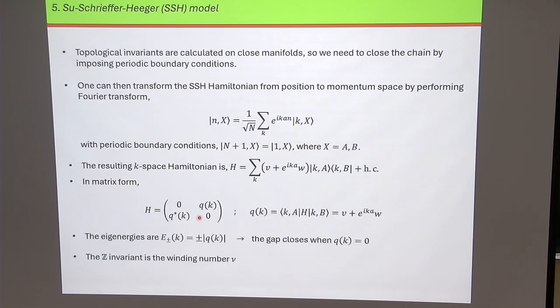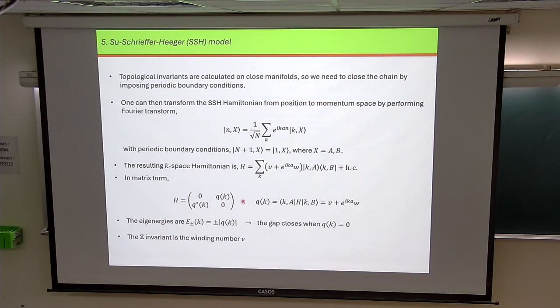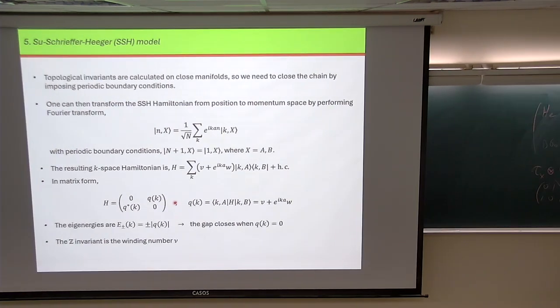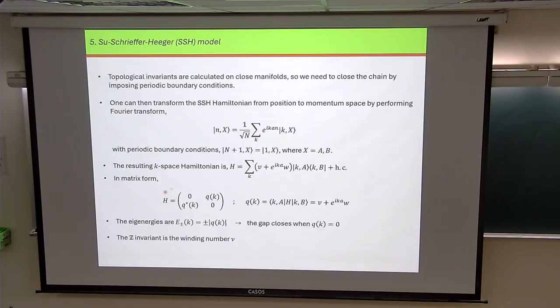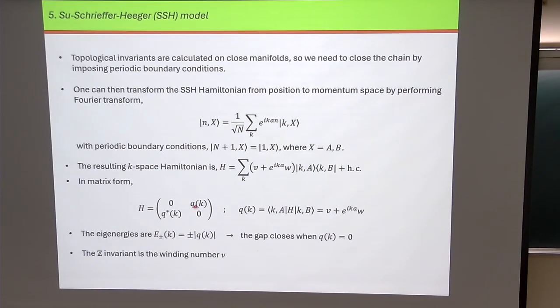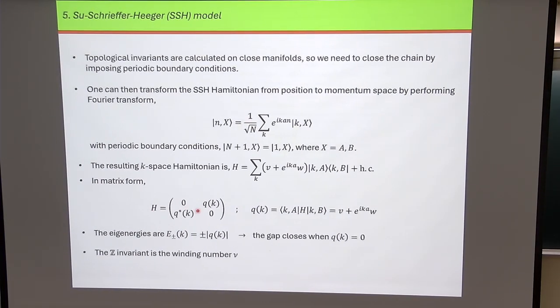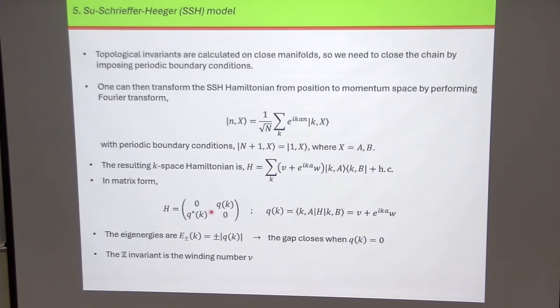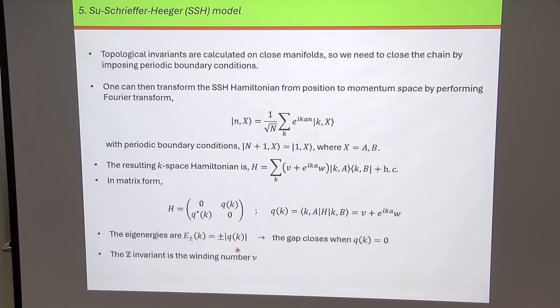like that. Okay, so I have now my Hamiltonian, and I want to see whether my Hamiltonian has a gap or not, and where the gap closes or not. If I look at the eigenenergies of this Hamiltonian, you can solve it analytically. The determinant of H minus E equals 0, you will get these two possible values for the eigenenergies, plus minus absolute value of q.